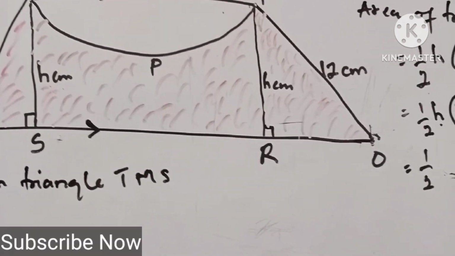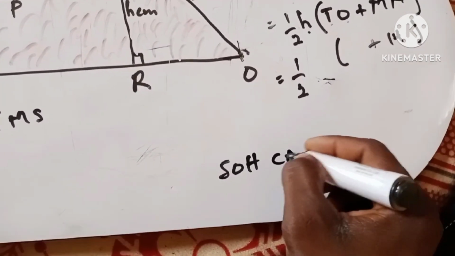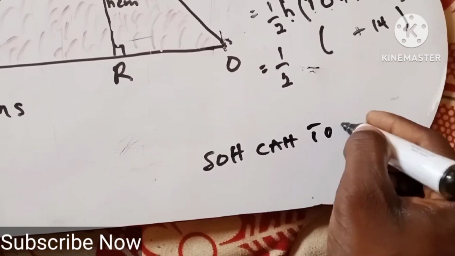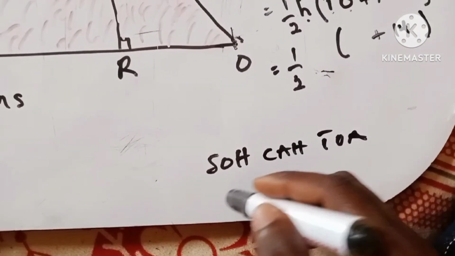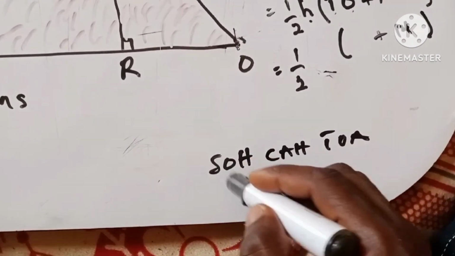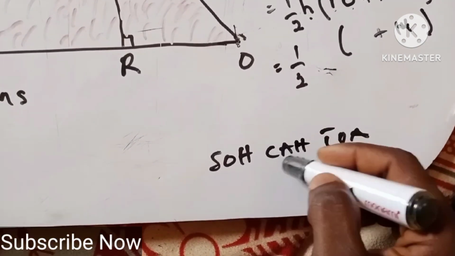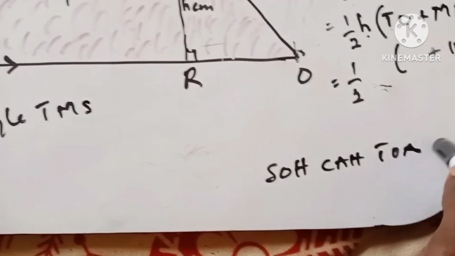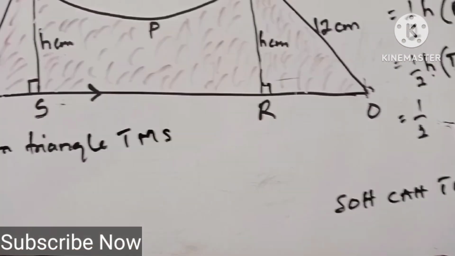Let's bring down the idea called SOHCAHTOA. I know that you are already familiar with something like this. So SOHCAHTOA, that is what sine theta is. That is going to be opposite over hypotenuse, and then the CAH here, that is adjacent over hypotenuse, and then finally give me the values of this thing here in the comment section below.